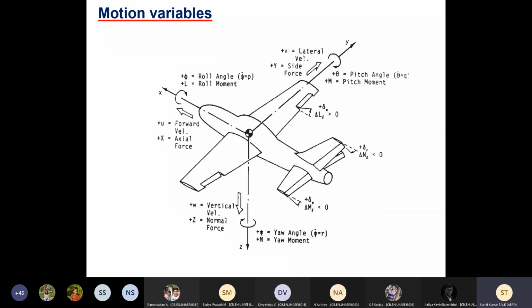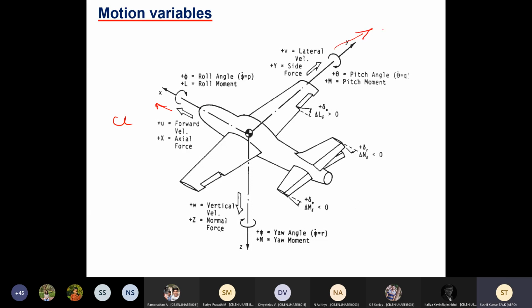Now, this notation should be clearly understood. So let's start with the velocity on the x. Now we are all talking about the y axis. Forward velocity is u in this direction.